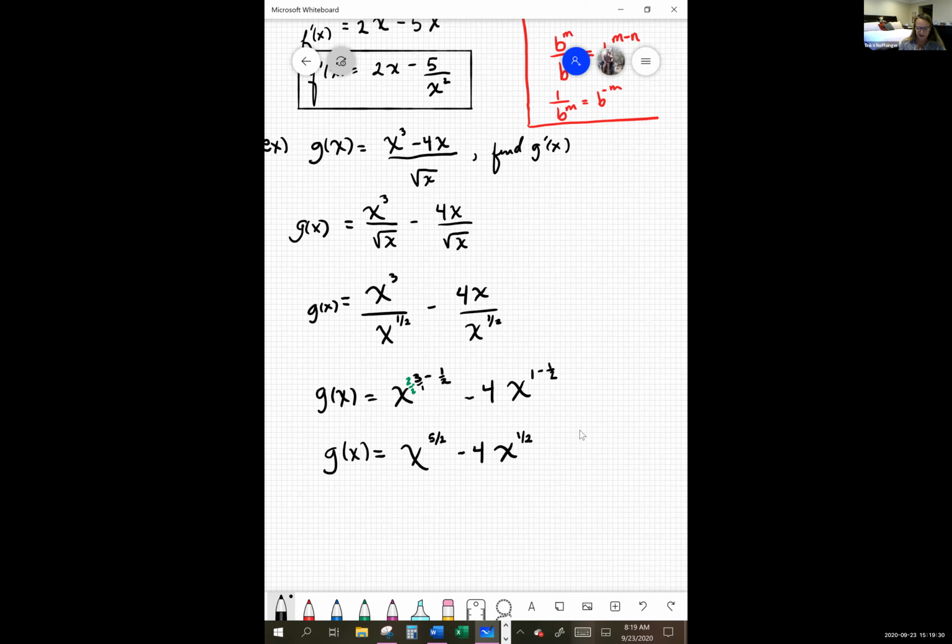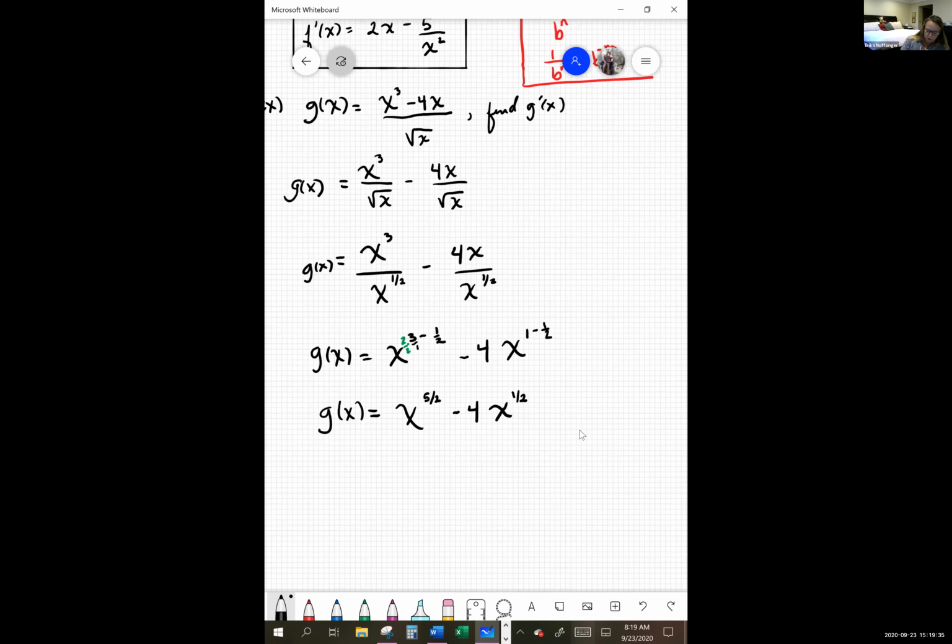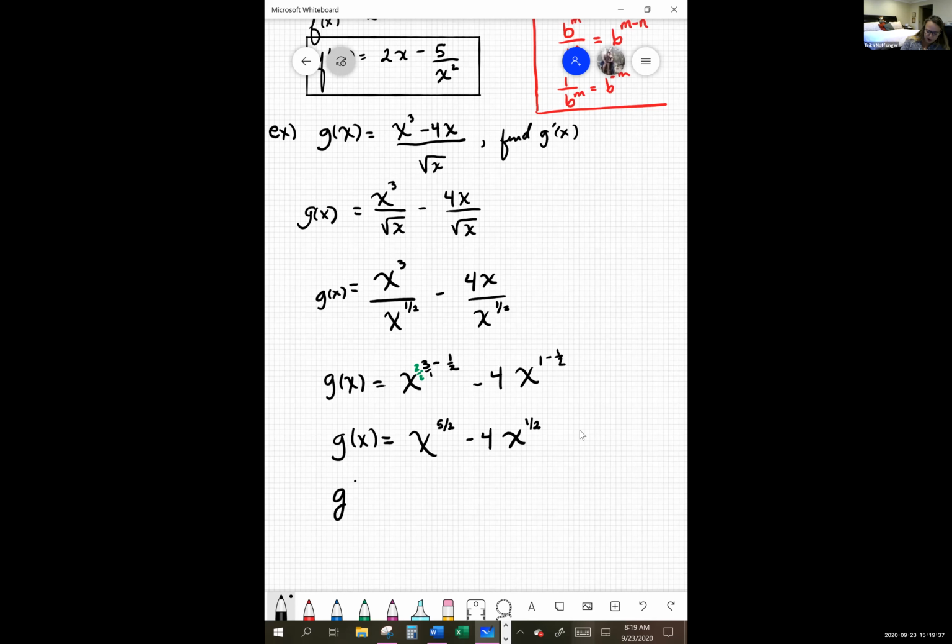Okay, so this was just to get g of x in the form so we can now use the derivative rule. And so taking the derivative, g prime of x, all you're doing is bringing your power down front. So bring the 5/2 down, x, take your power and subtract 1. But we're going to make that 1 minus 2 over 2. Minus 4, bring your power down front, so times 1/2, x, take your power 1/2 and subtract off 1.